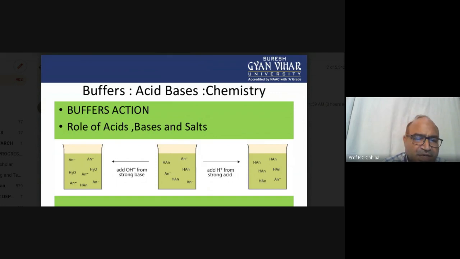The same with hydroxyl ions from a strong base; they remain as such, with no change in the solution's pH value. If there is a change, it will be a very slight change, not a regular change. If it is 4.7, there may be very small changes.